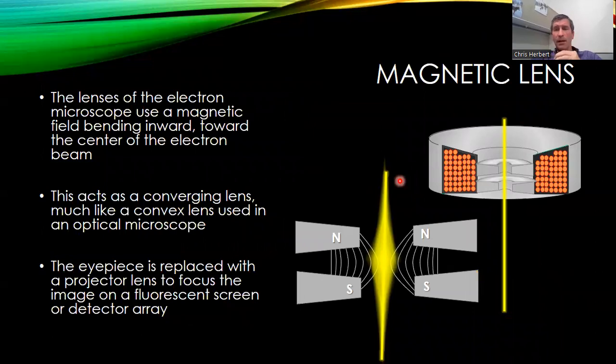So what we do is create these magnets, and I'll show you how these work. First of all, we have coils of wire which wrap around the cylinder, and then basically the magnetic field comes out of these two poles right here, and going from north to south, they're pointing in the direction that the beam is traveling.